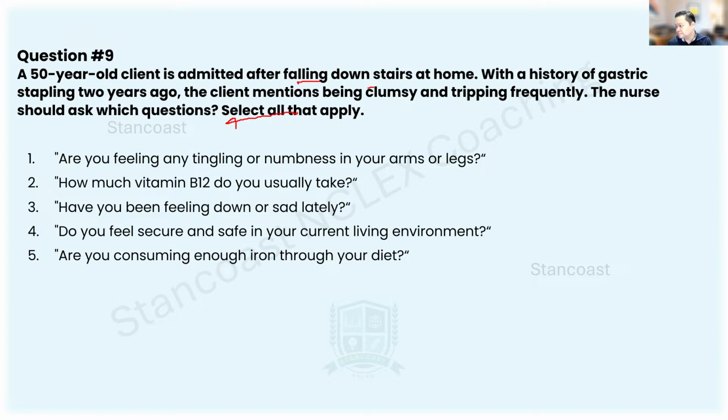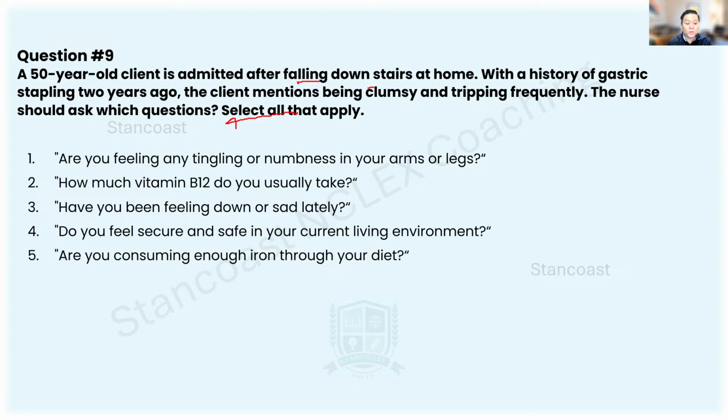And also, we ask here, are you feeling depressed? Because in some patients with pernicious anemia, they can also have cognitive problems. They're going to be depressed as well. So this is important to ask.